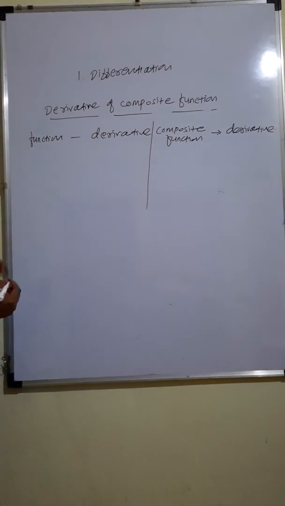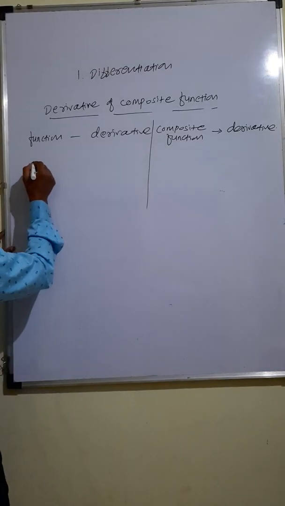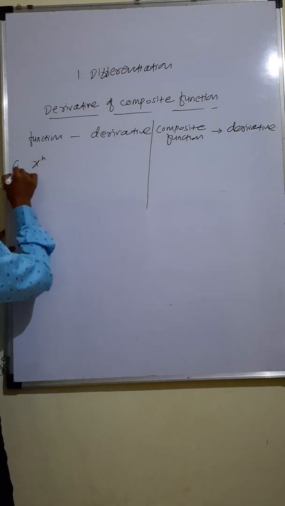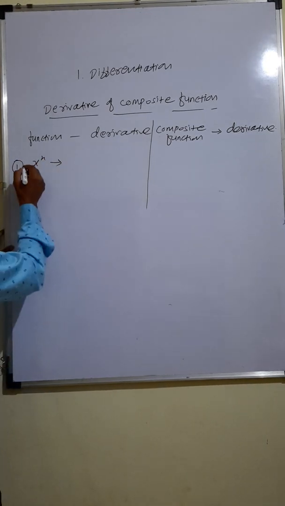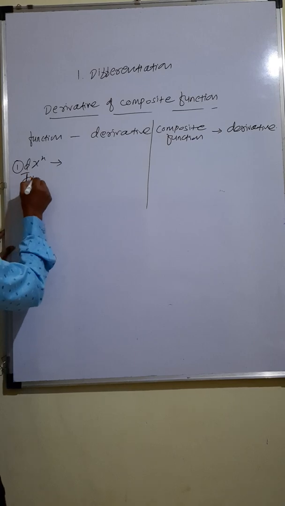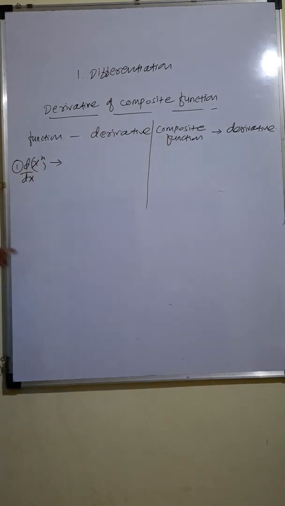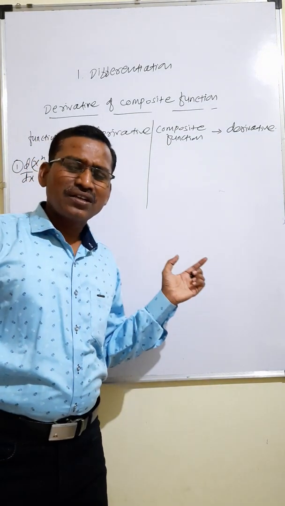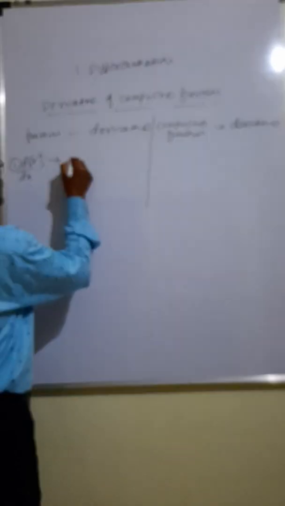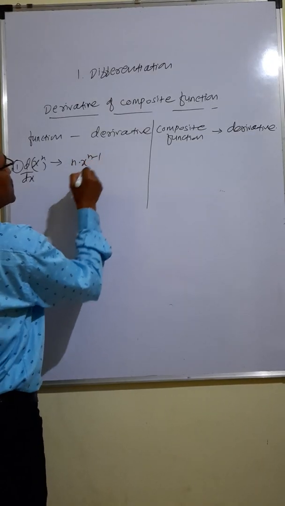So first function, x raised to n. The derivative of x raised to n with respect to x. So it is the power function. So the derivative of x raised to n is n into x raised to n minus 1.